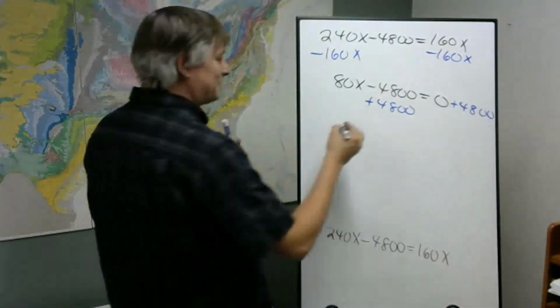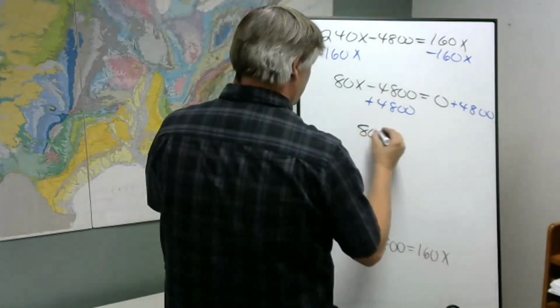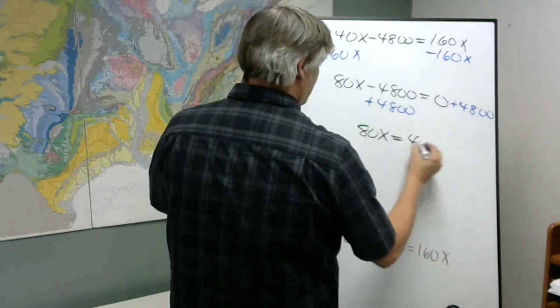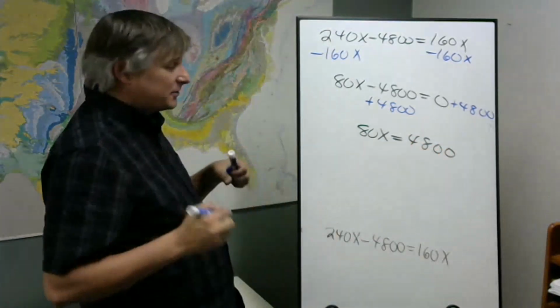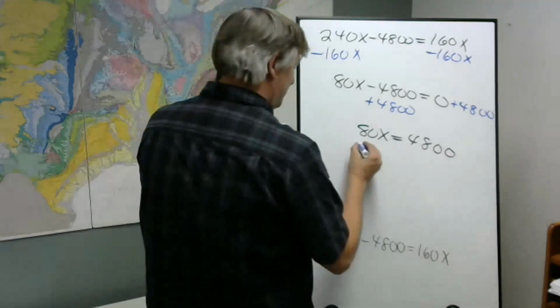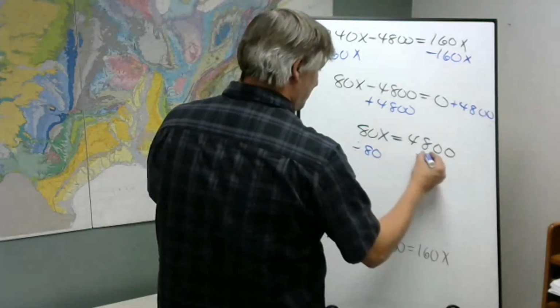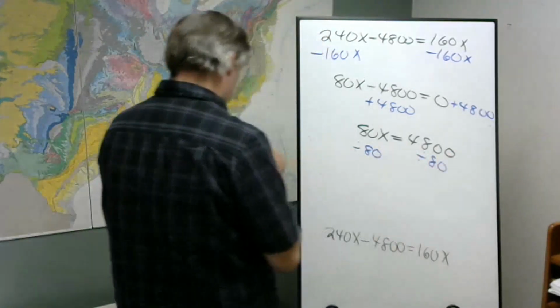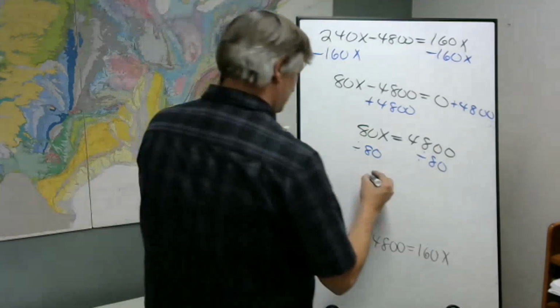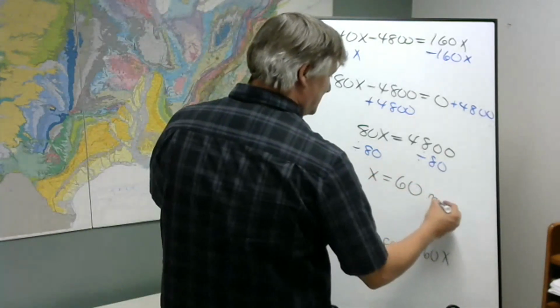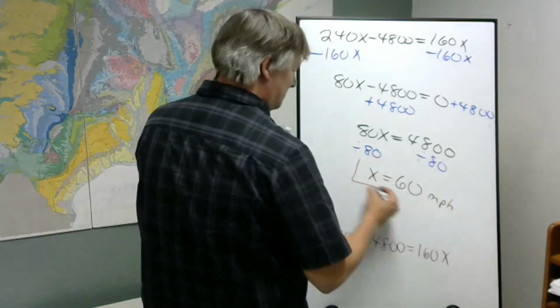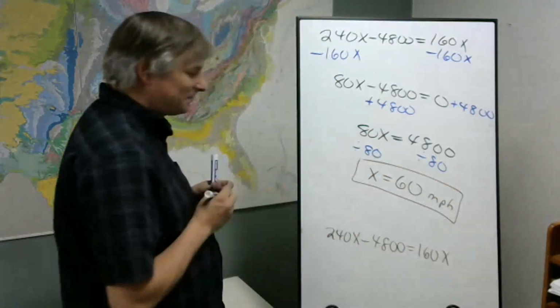So we'll get 80x equals 4,800. Divide by 80. And we get x is 60, and this is 60 miles per hour.